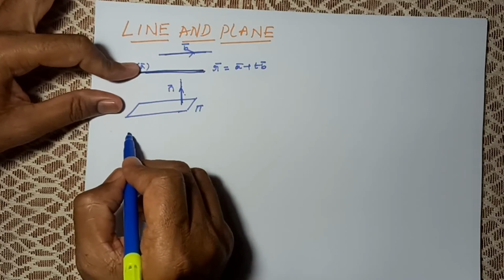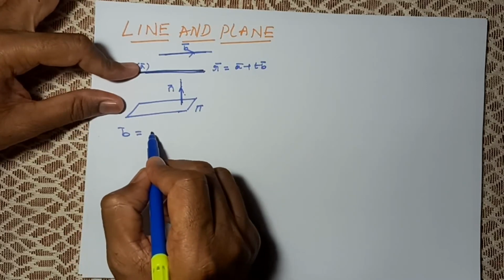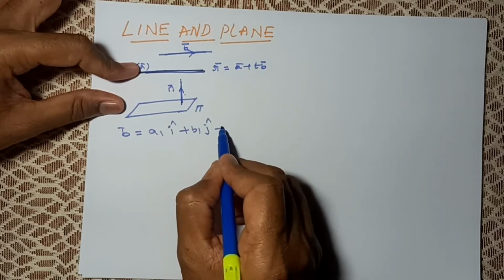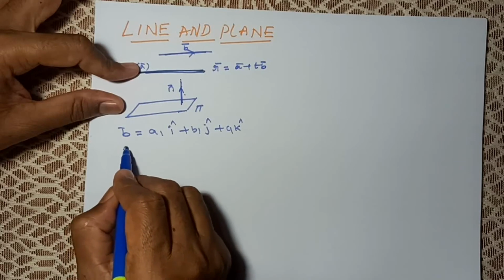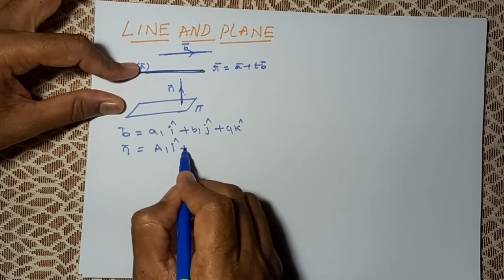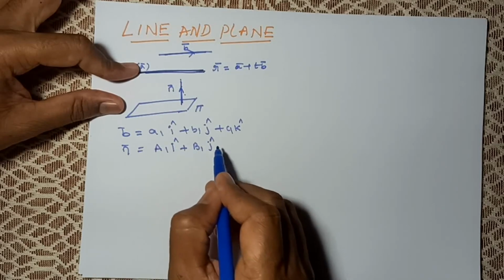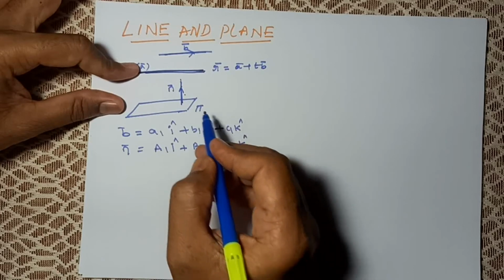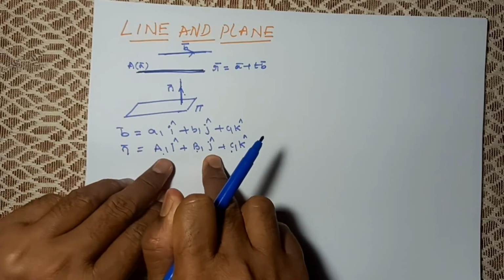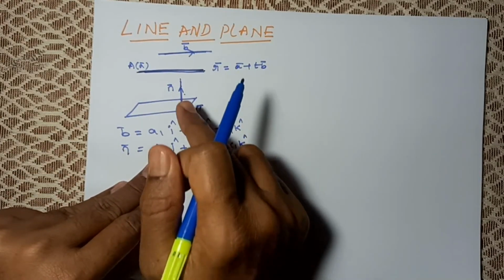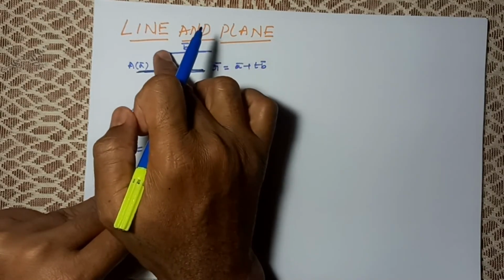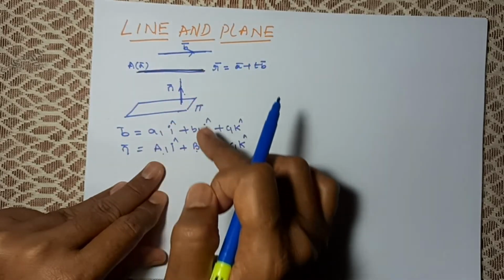We know that B bar is equal to, we have taken, a1 i cap plus b1 j cap plus c1 k cap, and n bar is equal to capital A1 i cap plus capital B1 j cap plus capital C1 k cap. Capital A1, B1, C1 are the DRs of the normal. DRs of the normal mean they are the DRs of the plane, and small a1, small b1, small c1 are the DRs of the line which is parallel to the given line.